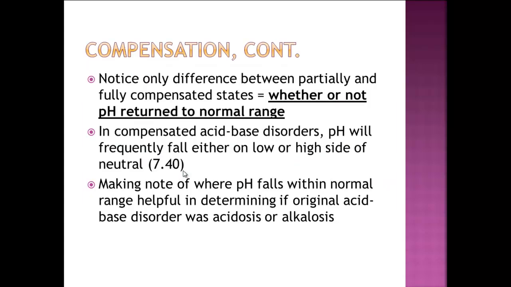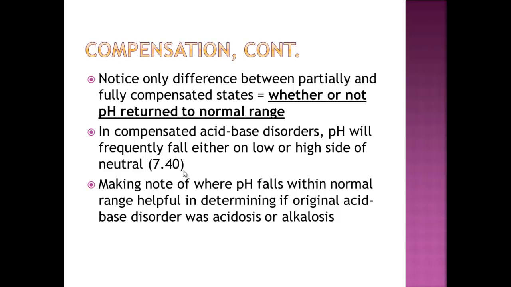Okay. Notice the only difference between partially and fully compensated states is whether or not that pH has returned to normal. In compensated acid-base disorders, the pH will frequently fall either on the high or low side of neutral, which in the body's case is 7.4.